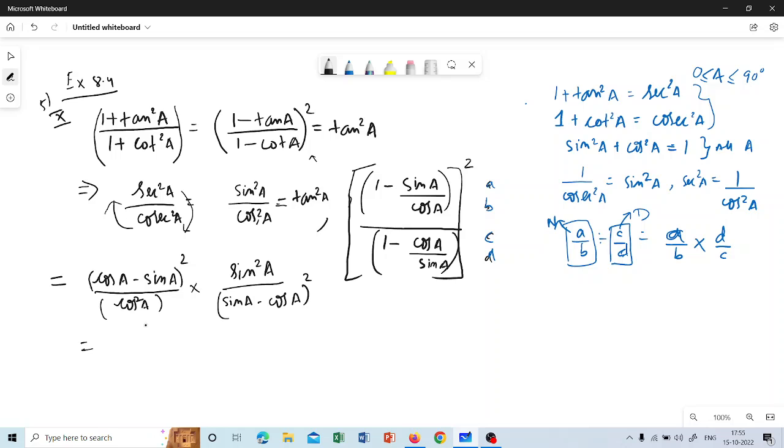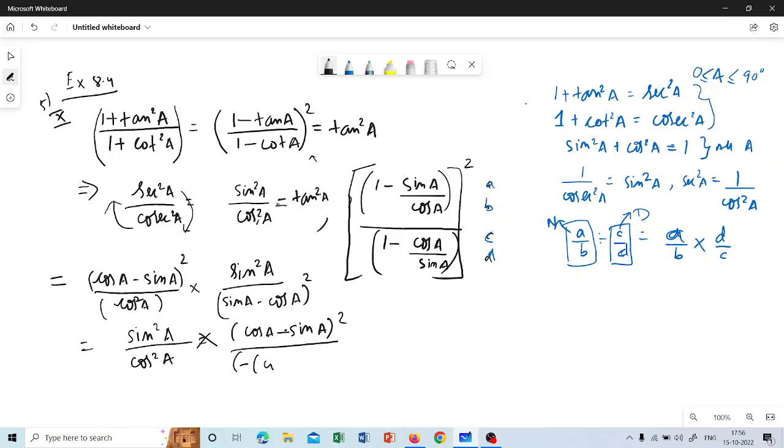Now I can separate the terms for convenience. I will interchange sine square A and this (cos A minus sine A) whole square. As you can see, we have already got tan square A, but I am continuing it into (cos A minus sine A) whole square, divided by, now I want to take the minus sign common here.